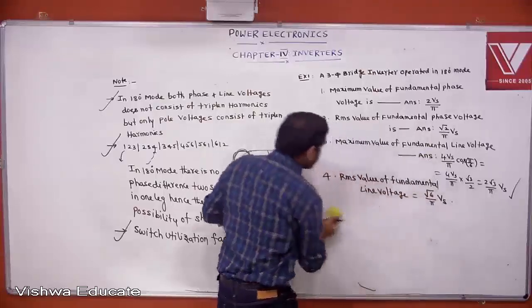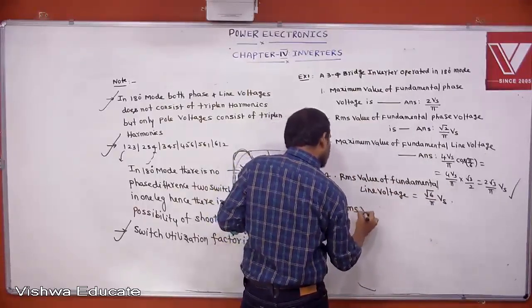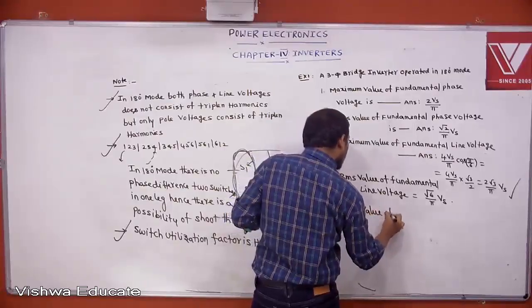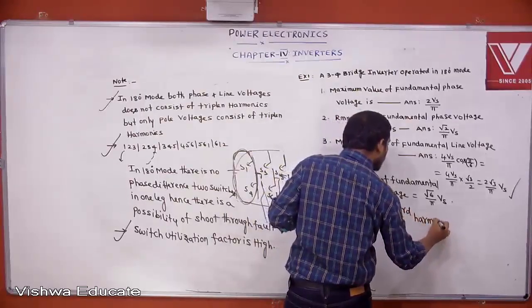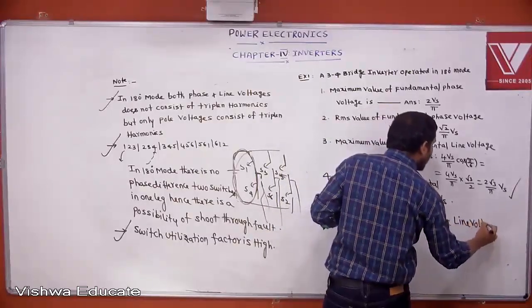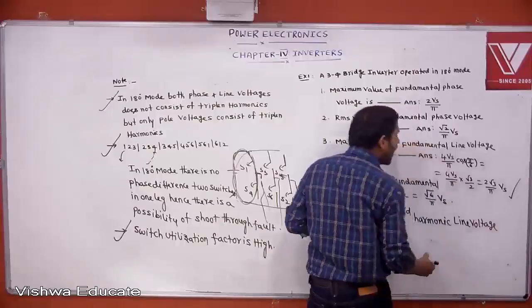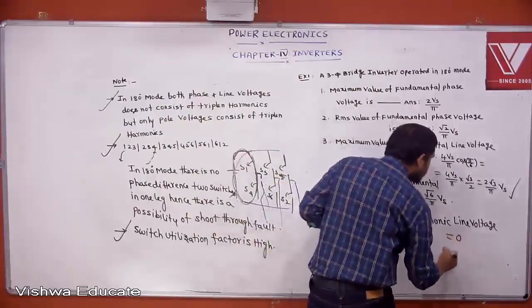If it is asked, RMS value of third harmonic phase voltage, or third harmonic line voltage, we know that in 180-degree mode, triplen harmonics are absent. Then what is the third harmonic line voltage? 0.